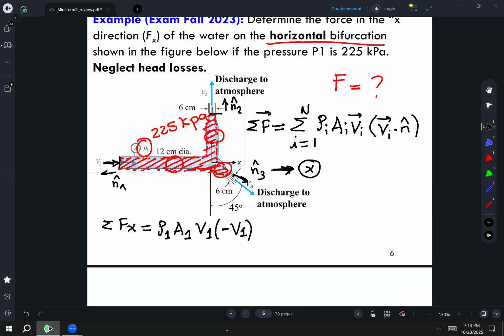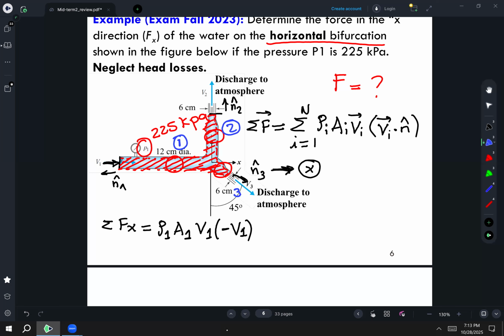Then for pipe 2, this is going to be 0 because the velocity component of pipe 2 in the x direction is 0. Now, by the way, this is pipe 1, pipe 2, and pipe 3.